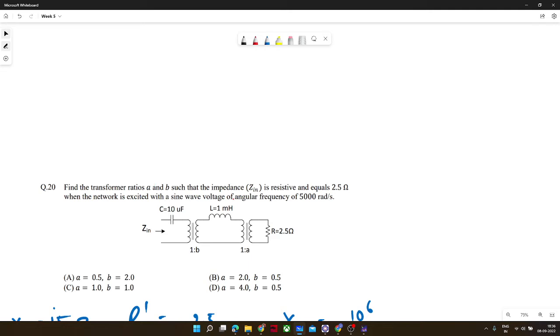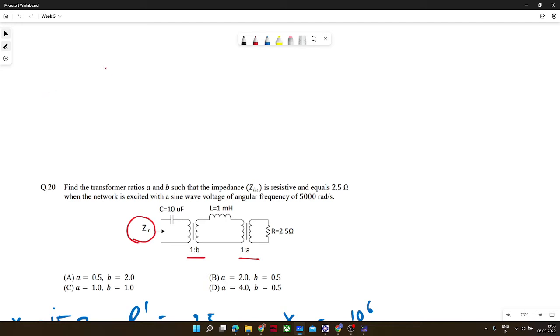So we will see. We have to calculate the input impedance, which can be seen from this terminal. And how do we calculate input impedance? That we will see. If you know the input impedance, then you can easily know the values of A and B.